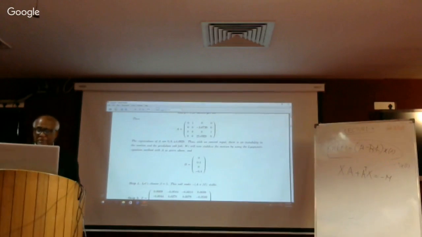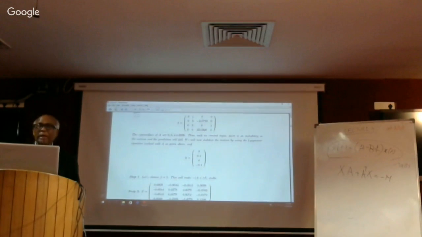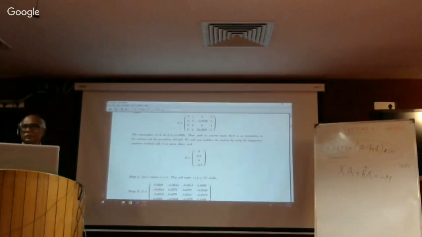And then you can easily see that the matrix minus A plus beta I is stable, right? This choice of beta guarantees that. And then you solve the Lyapunov equation using your command lyap. You get the solution Z. This is your solution.